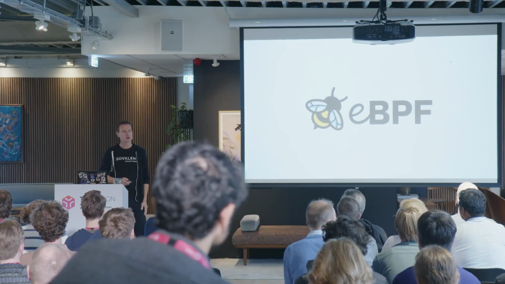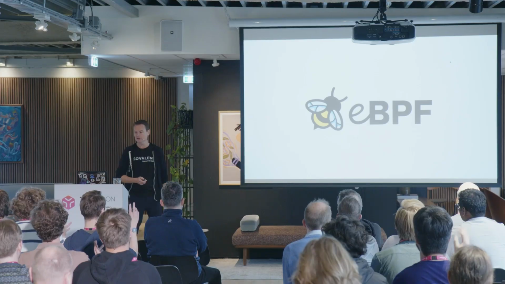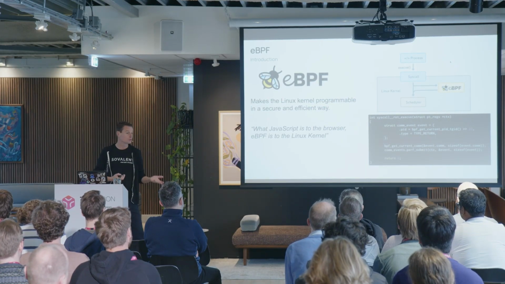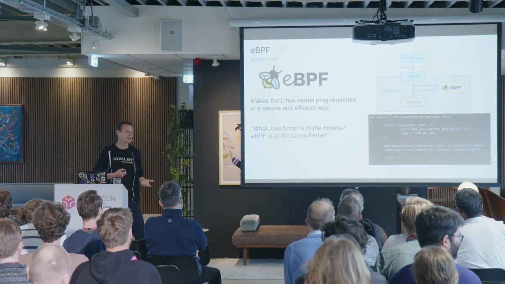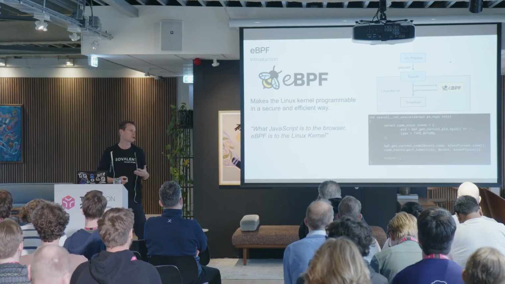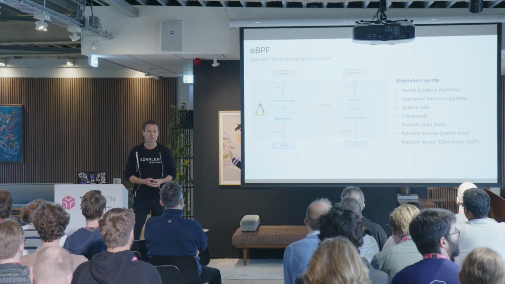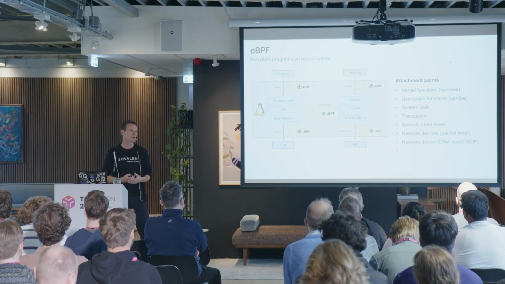So how many of you know what eBPF is? Already, quite a lot of hands, awesome. I will take this really quick then. We like to say what JavaScript is to the browser, eBPF is to the kernel. What we try to say here is that we make the kernel programmable in a dynamic way without changing the kernel. And in the context of today's session, we're focusing on networking events, so kernel events related to networking.